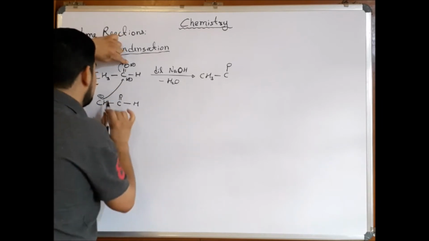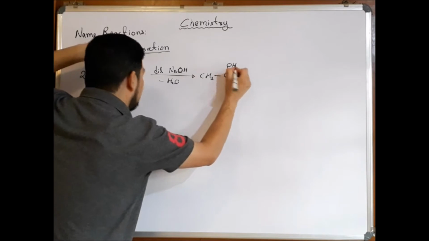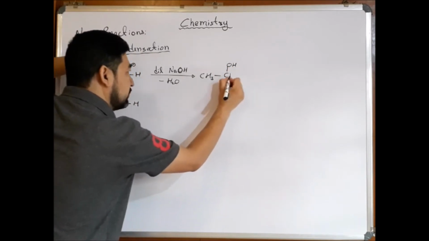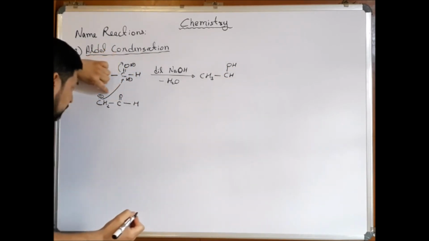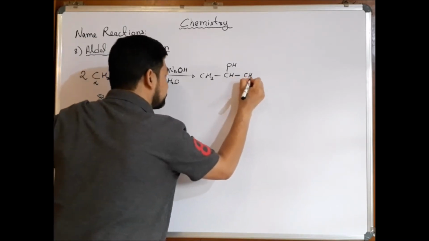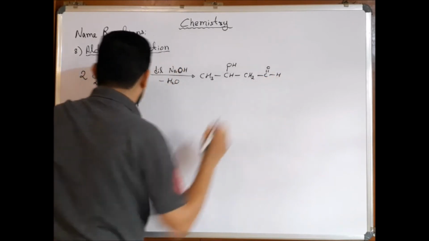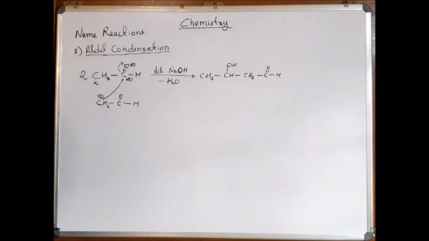Then whatever proton it had taken comes back here, so it is OH. Now this is a bond, so here comes CH2 and C double bond O H. In this way you have to write it.